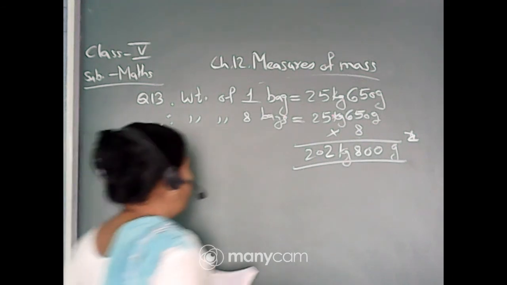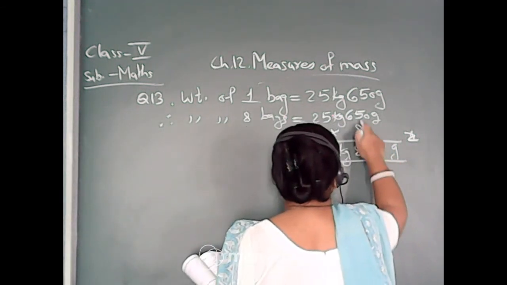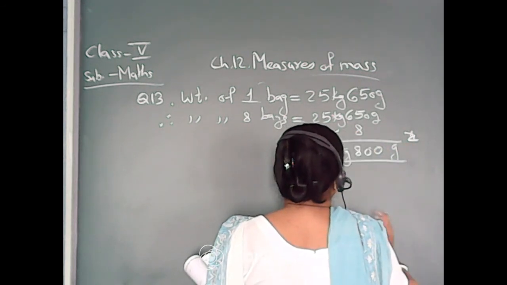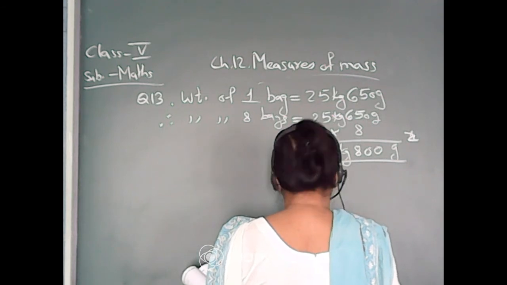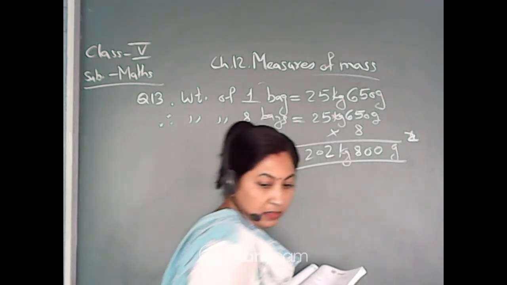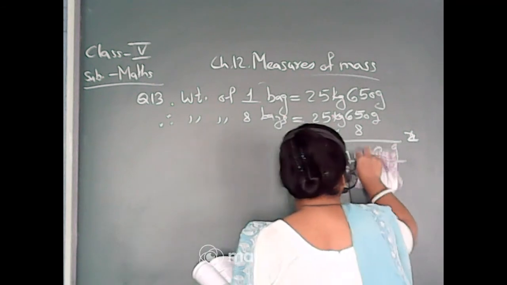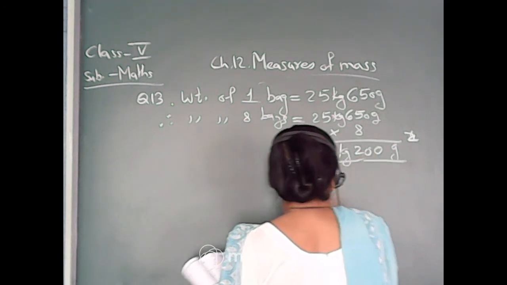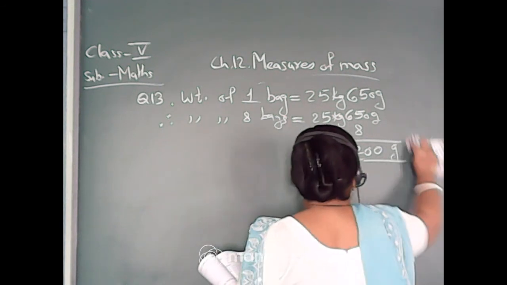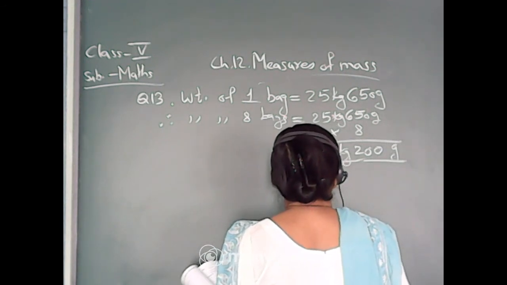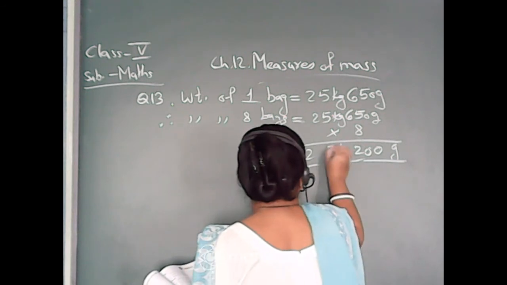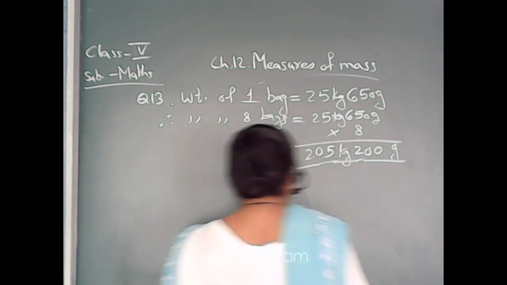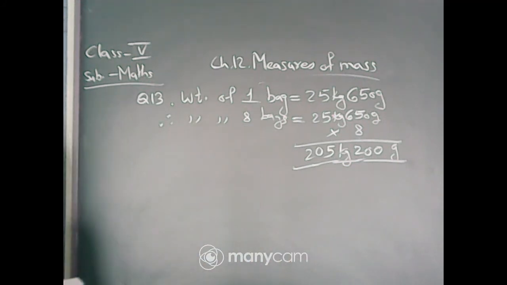Something I have done wrong, I think. 8 zeros are 0, 8 fives are 40, 0 carry 4. 8 sixes are 48, 49, 50, 51, 52. Oh, I have done the wrong multiplication. This will be 52. Carry 5. 8 fives are 40, plus 5, 45. Carry 4. 8 twos are 16, 17, 18, 19, 20. That is 205 kg and 200 gram.